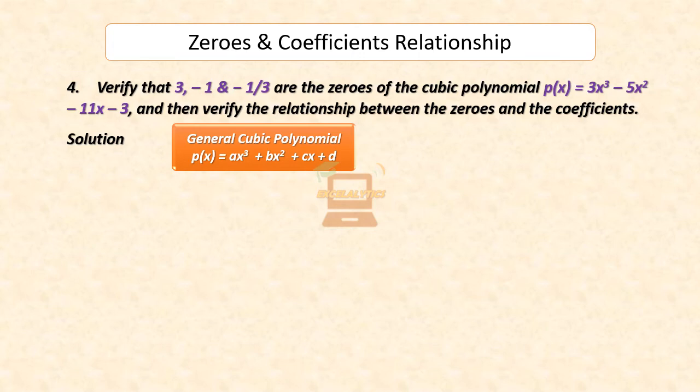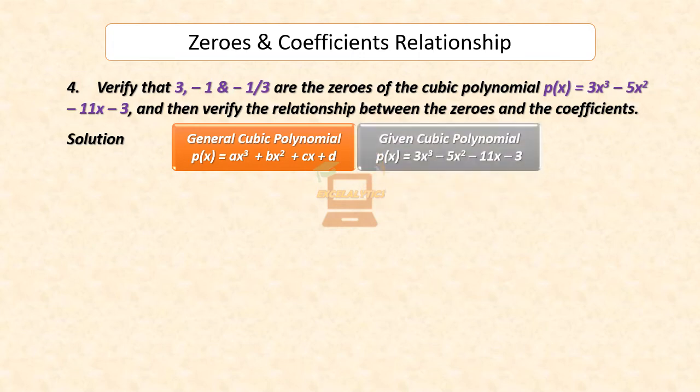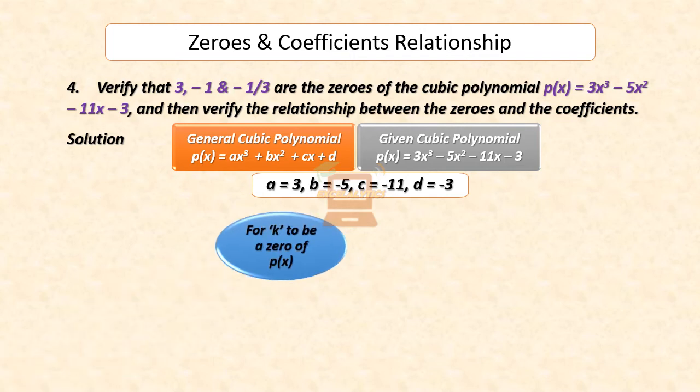So, comparing the coefficients with 3 times x cubed minus 5 times x squared minus 11 times x minus 3, we have a equals 3, b equals minus 5, c equals minus 11 and d equals minus 3. For a real number k to be a zero of a polynomial p of x, it should satisfy the condition p of k equals 0.